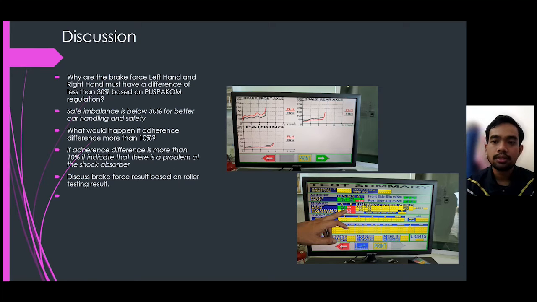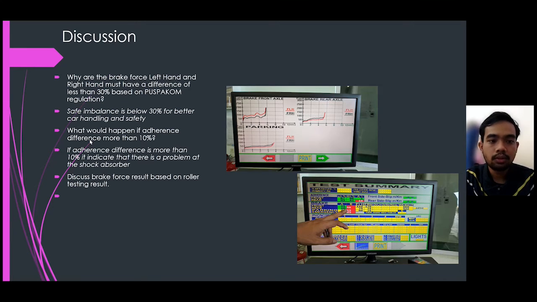In severe cases, it can cause the car to lose control. A higher imbalance value also indicates that the brake system has a problem, such as uneven brake pad wear, a worn disc or drum, a damaged piston, or damage on the caliper.